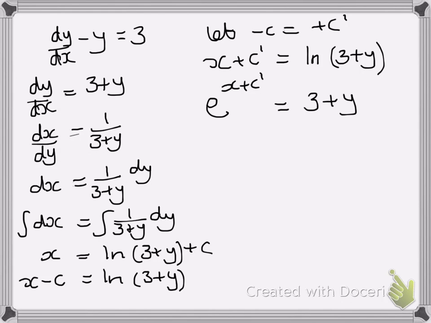Now, looking at the left hand side here, using our laws for indices, e to the x plus our constant c can be written as e to the x times e to the some constant c dash.